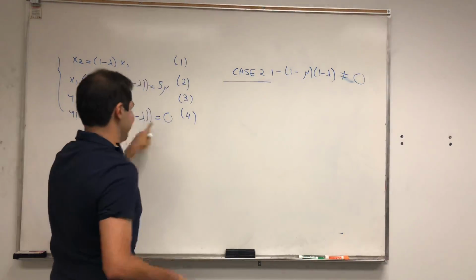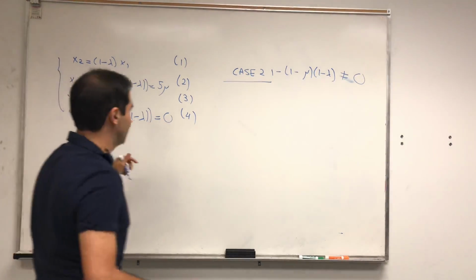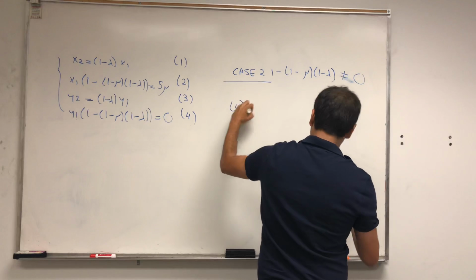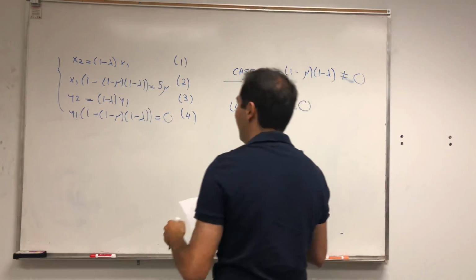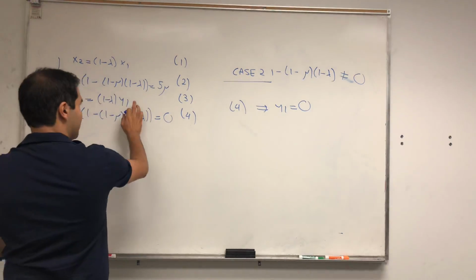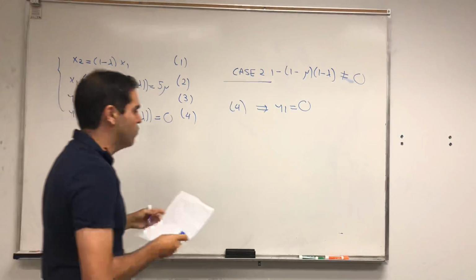This is fantastic because now in 4 you can divide by this number which is non-zero. So 4 gives you y1 equals 0. And remember, the greatness of equation 3 was that once you have y1, you can solve for y2.